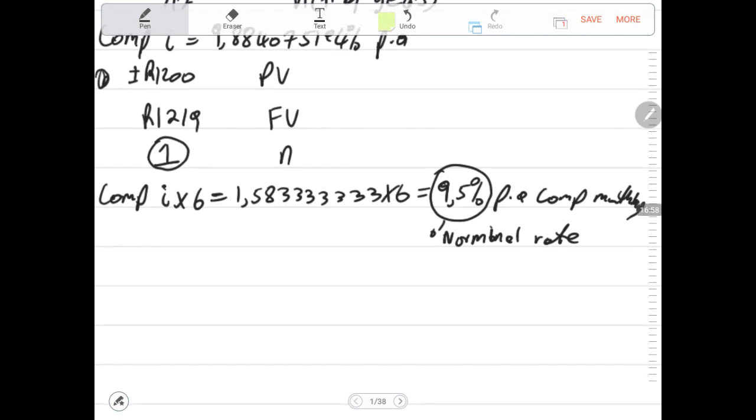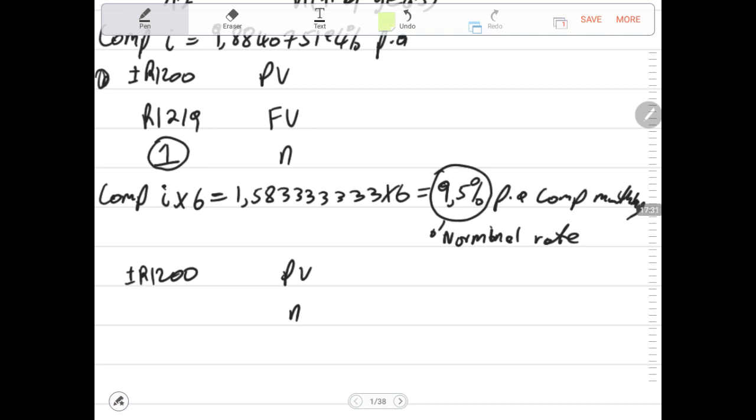We are now calculating the future value at the end of month 16. Remember, it will be 2, 4, 6, 8, 10, 12, 14, 16, meaning our n will be 8. So we have plus minus 1,200 rands. We are looking for the future value, plus 1,200 rands, the amount that was initially invested. We have our n. Our n is how many times are we going to be earning interest for 16 months?